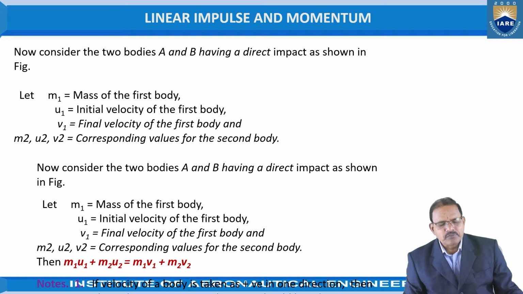That means M1 U1 plus M2 U2 is equal to M1 V1 plus M2 V2. This equation is valid for two bodies which have direct impact or direct collision. That is, the law of conservation of momentum holds good for two bodies if they collide in line, which is also called line impact.